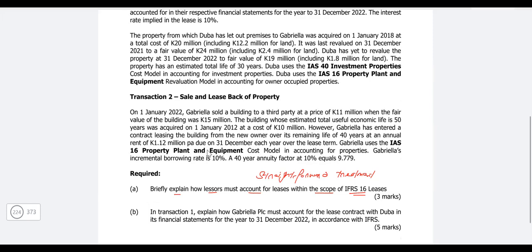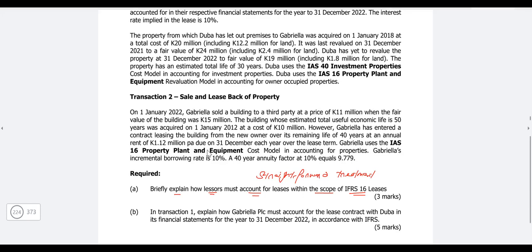And we know the treatment, how the lessors account for the leases within IFRS 16. I've already provided you with the notes, and everything is there. So it's a straightforward requirement of writing the treatment. We'll discuss that in a while.